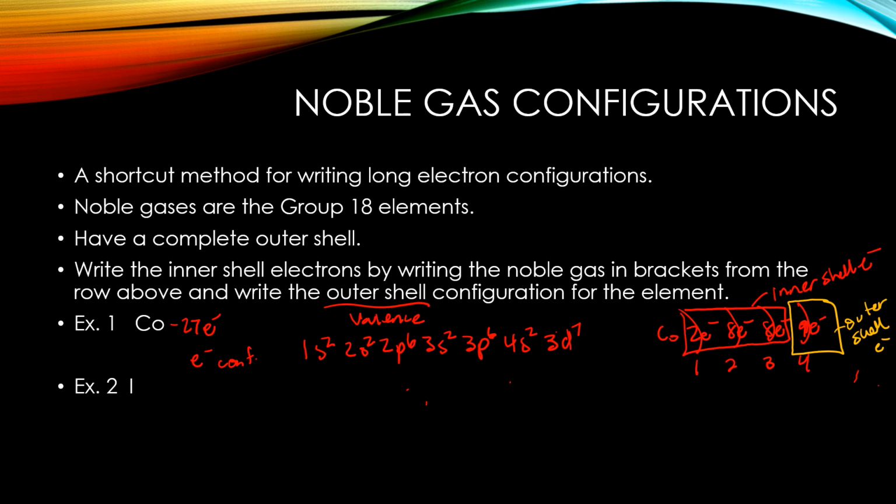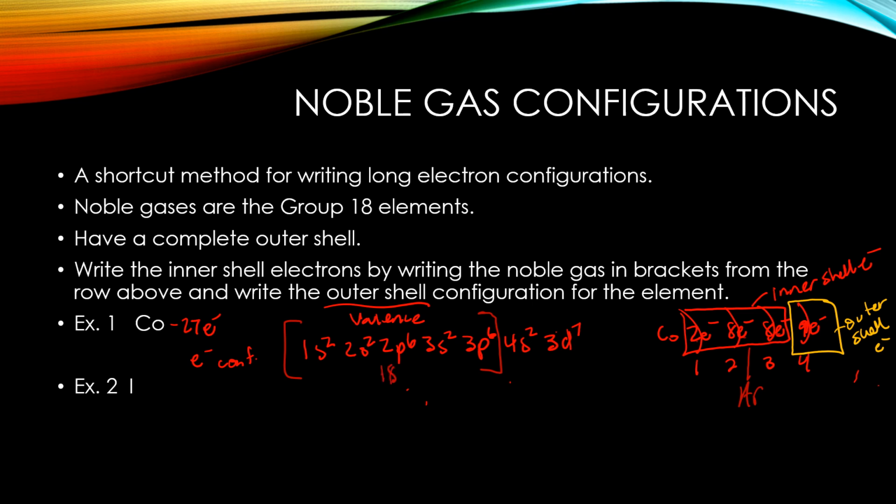If you notice here for my inner shell, I have a total of 2 plus 8 plus 8, so that's 18 electrons. If you go to atomic number 18, or the end of row 3, you should notice that as being argon. Everything from here, the 1s2, 2s2, 2p6, 3s2, 3p6, that's 2, 4, 10, 12, 18.